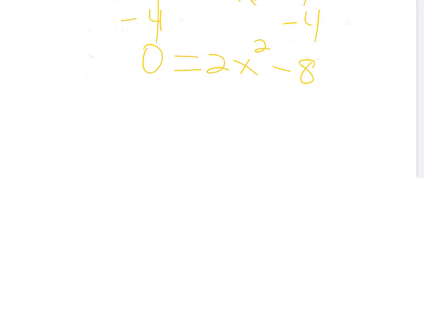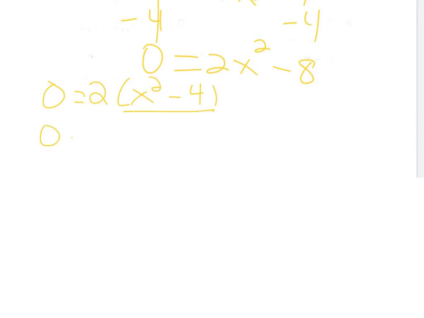So my common factor of 2x squared and negative 8 would be 2. And I would still have it equal to 0. So if I pull my common factor of 2 out of 2x squared, I would have x squared left, and if I pull 2 out of negative 8, I would have negative 4. So then I can still factor this part that's left on the inside.